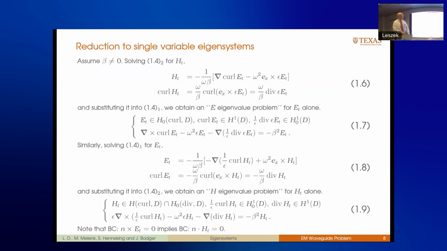So you get now an individual E problem, and if you eliminate E, you get the individual H problem. There is no way you can guess this functional setting for this E and H problem without knowing the relation between the succession of these eigenvalue problems, right?